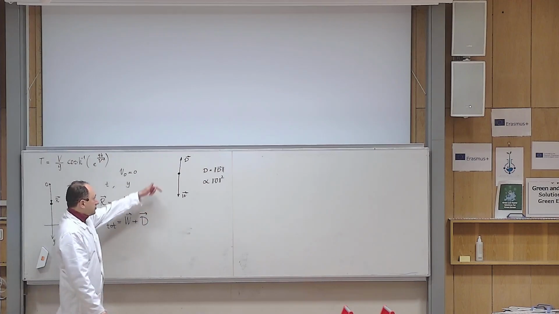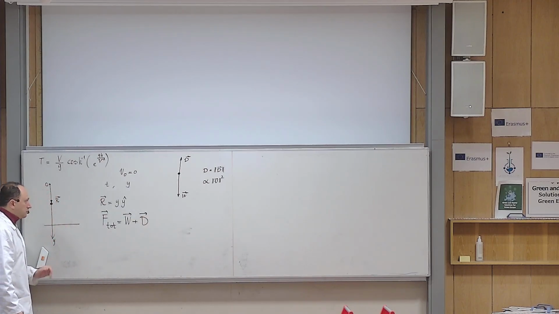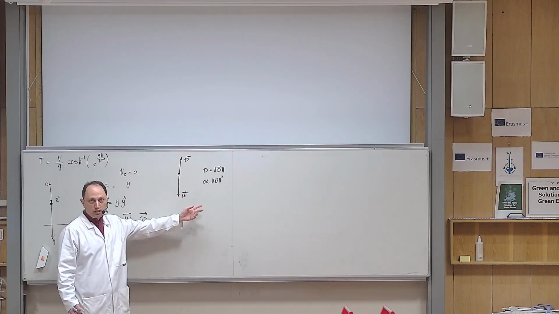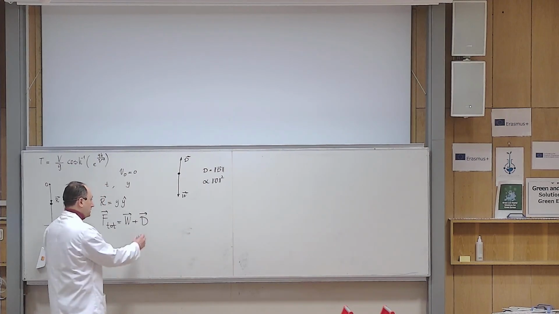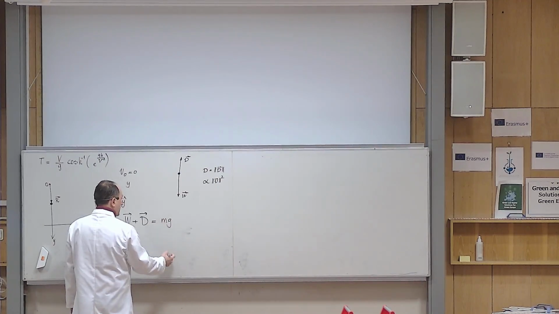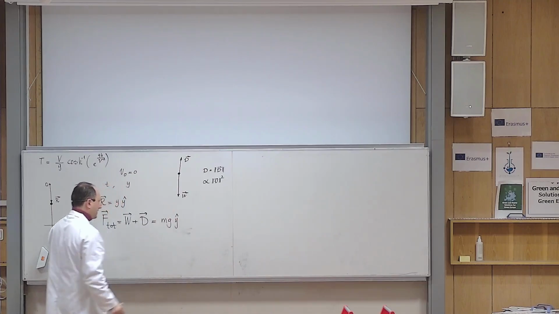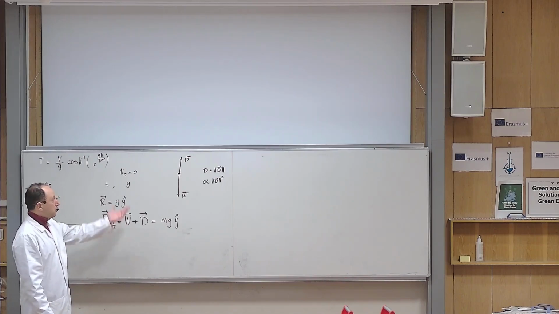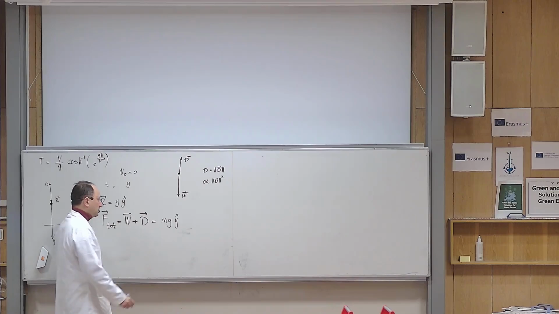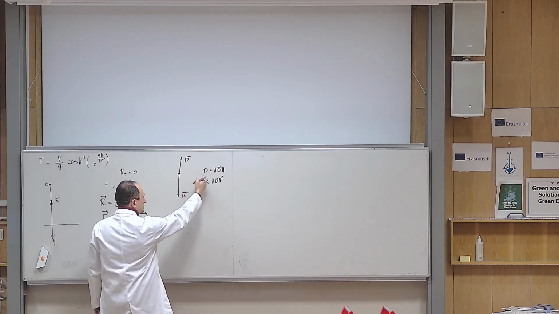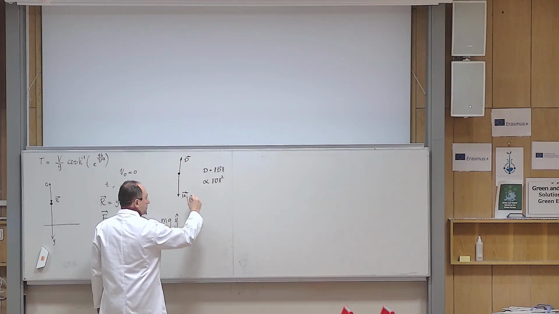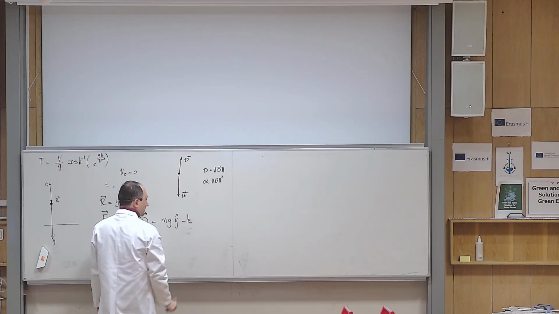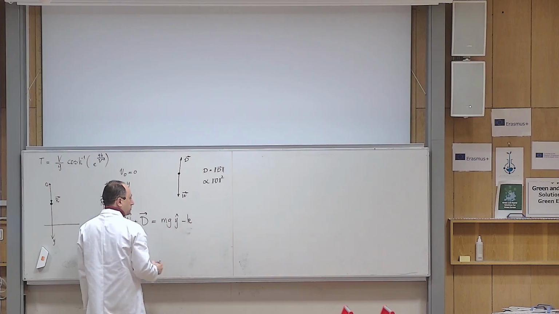The force of gravity is exactly pointing in the positive direction of the y-axis, and the magnitude of this is just m, the mass, times g, the gravity acceleration. So I can write it as mg, but in vector form I will write y hat, because it's pointing in that direction. But the drag force is actually pointing upward. It is proportional to speed squared, so I will write it as minus k times v squared.